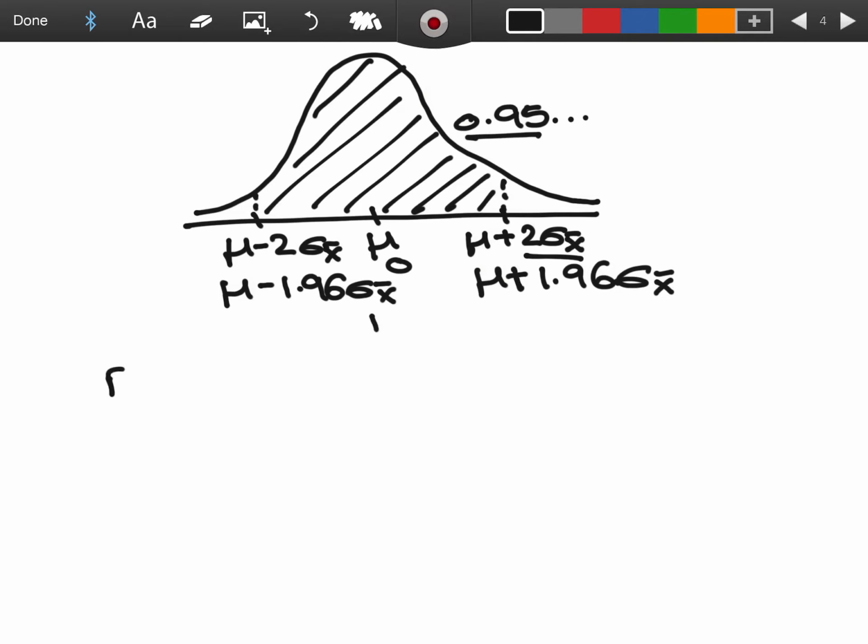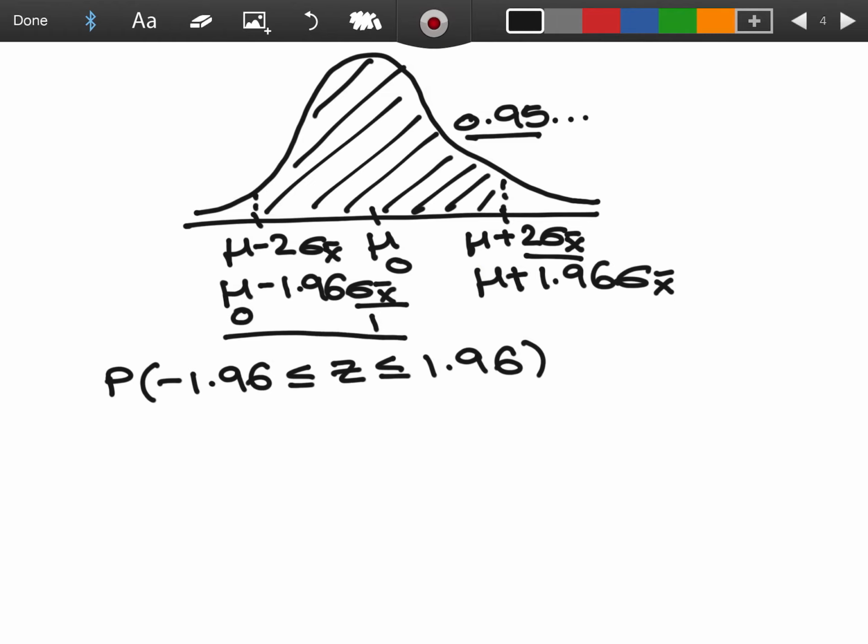That would mean that the probability that you lie between negative 1.96, so if this is 0 and my standard deviation is 1, this value here would be negative 1.96, and this value here would be 1.96.